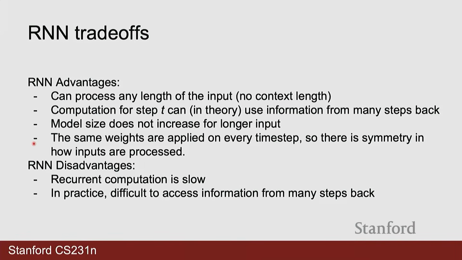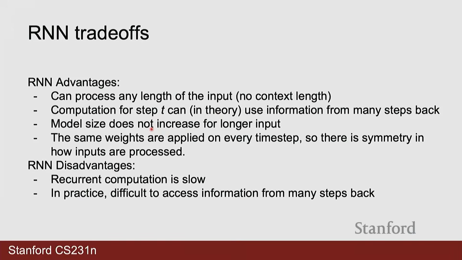So there's no context length limit. The computation for time step T can, in theory, use information from many steps back if it's captured in the hidden state. If your model is effectively capturing all of the dynamics of your input sequence in the hidden state, in theory, it can use values from an extremely long time ago. But in practice, there might be some issues with this, which we'll go into in some detail.